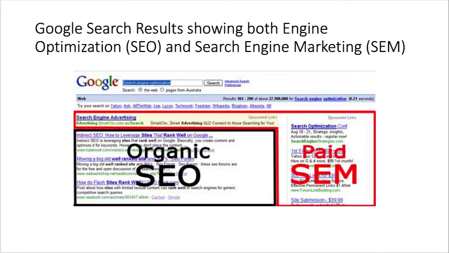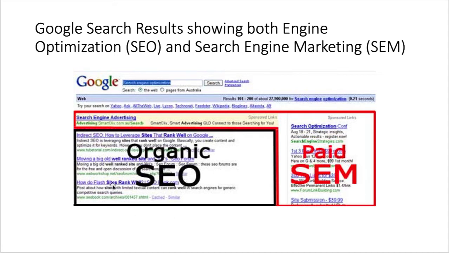This is what you would see when you looked up the keyword search engine optimization in Google a few years ago. You can see that on the top and on the right hand side, those are the prime estate of a web search results. It's filled with what we call SEM, or search engine marketing. Those are paid contents. In other words, the websites pay to show up in these locations when a user types in a keyword like search engine optimization.